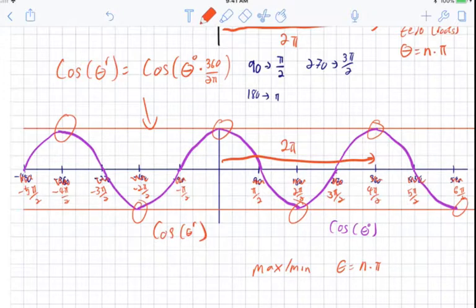Wait, did I say that right? Wait, hold on. I mean, this is in degrees, this is in radians. Yeah. So you can think of the radians map as scaled degrees.